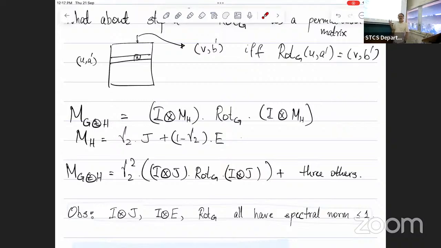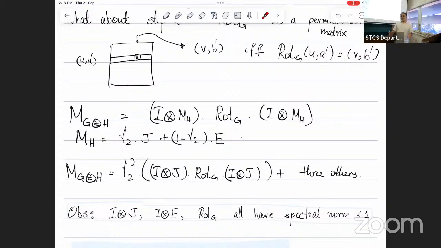Some of them maybe take a little bit more time. So the rotation map, of course, has spectral norm at most 1 because the only thing it does is shuffle coordinates. Of course, it's not going to change length. So the rotation map having spectral norm 1 is trivial. Why does I tensor J have spectral norm at most 1? Well, one easy reason is that it's actually row stochastic. So we already know that the spectral norm is at most 1.